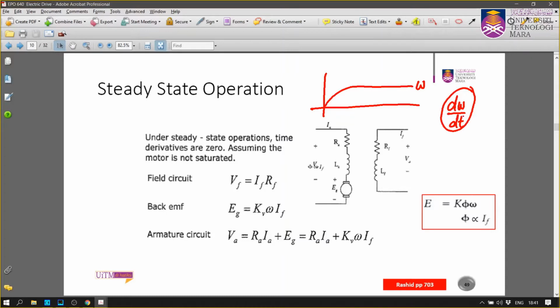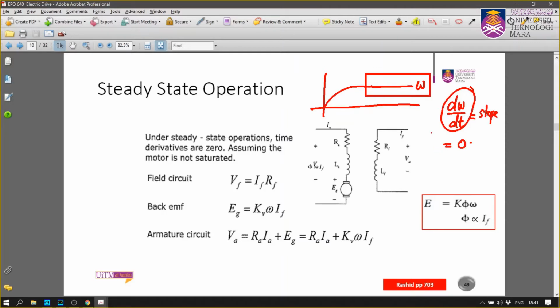So if you look at this particular region where it has already reached the steady state, we see that there is no change of omega over dt, which means there's no slope, and therefore it is zero. So this becomes zero.